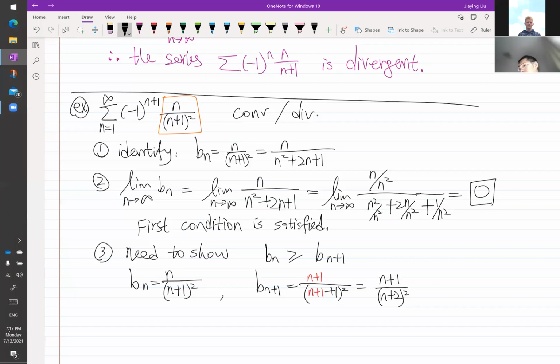I think I showed you one example a while ago: if you just compare two terms, that may not be correct, because you might find that b1 is greater than b2, but then the value might increase, and at some point, say b10, the value will be big enough.